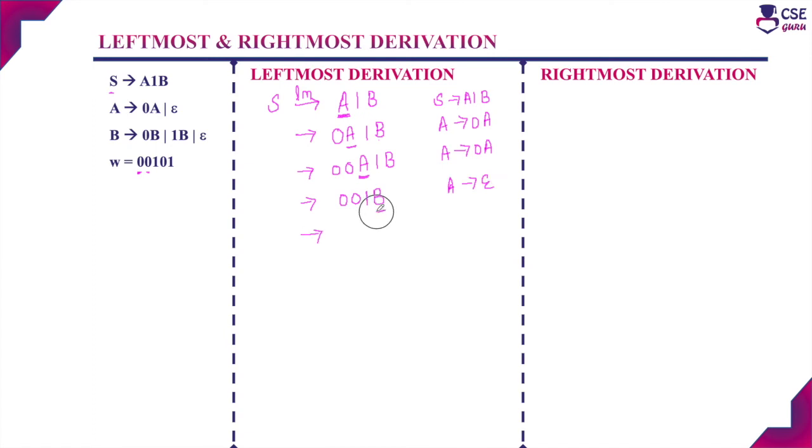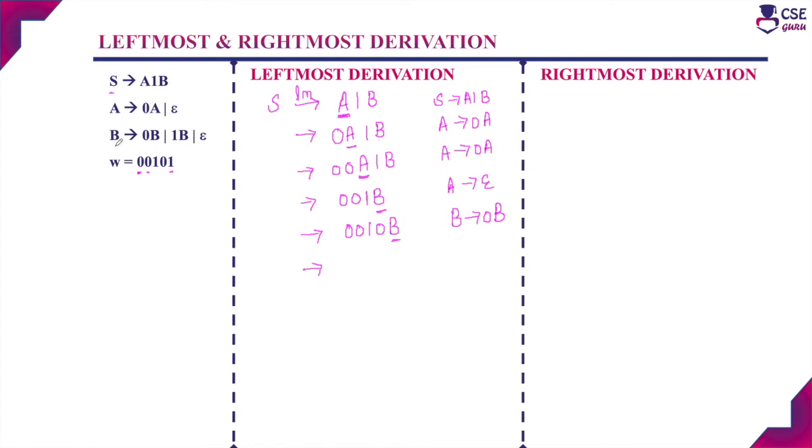Next, only one non-terminal symbol. So choose the production rule and apply for this non-terminal. So if you are checking the input string, 001 already we got. Next we have to get 0. So apply the production rule B tends to 0B. Next only one non-terminal symbol and the next input we have to get is 1.